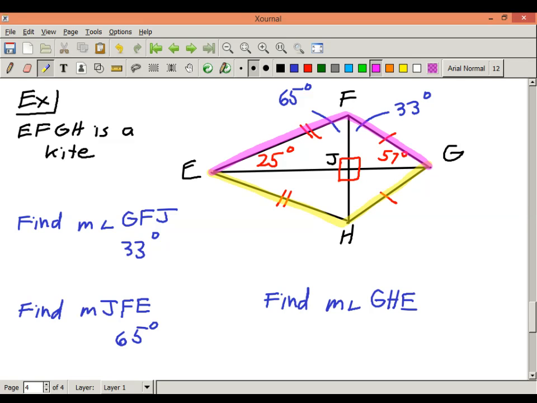So that angle EFG, once we find out what it is, it's going to be the same as the yellow angle EHG. So all we have to do then is add up the 65 plus the 33. So it's going to give you 98. So 98 degrees for that purple angle. But remember, each kite has exactly 1 pair of opposite angles congruent. So that means the measure of the angle GHE, the yellow one that we're looking at, is also 98 degrees.